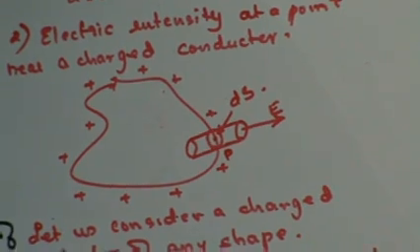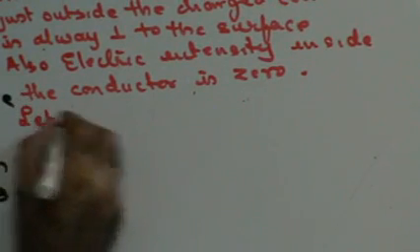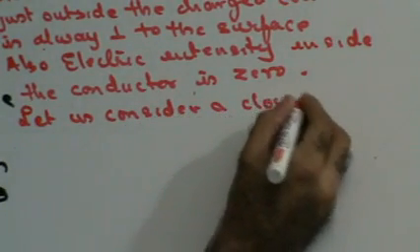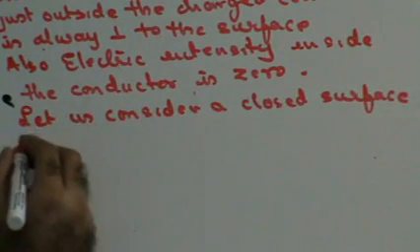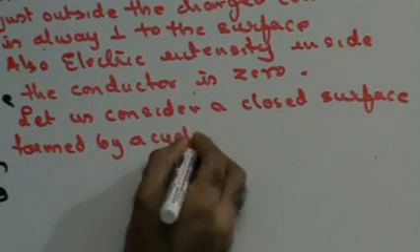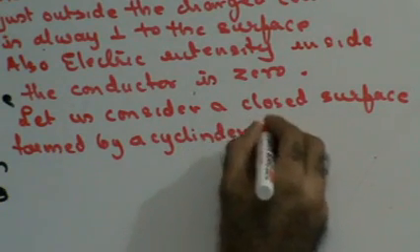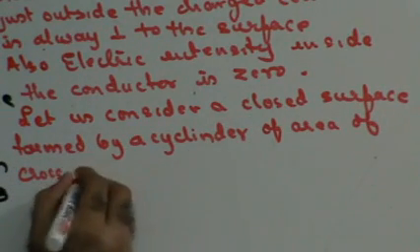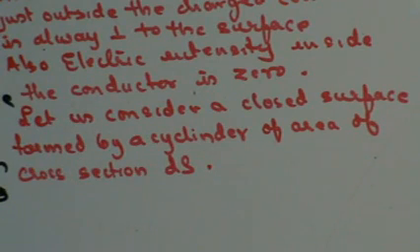Now that our suppositions are clear, let us consider a closed surface formed by a cylinder of area of cross section ds, right?